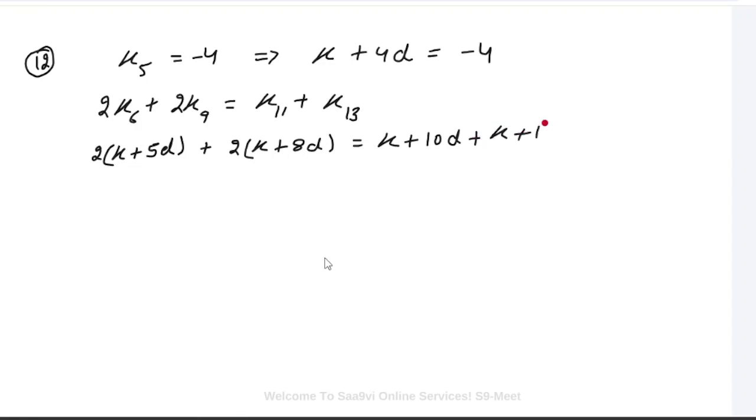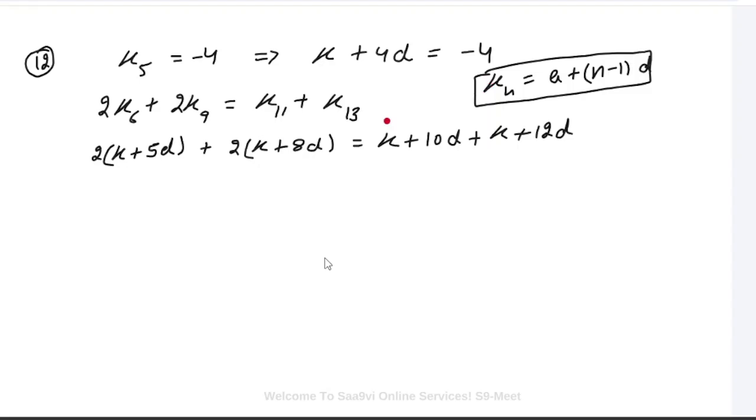I believe everybody is able to get how we are writing it, because the formula I just wrote on the other side was a plus n minus 1 into d. So this is the general term formula in AP. We're using this only, nothing else. So this becomes 2x plus 10d plus 2x plus 16d, that is equal to 2x plus 22d.